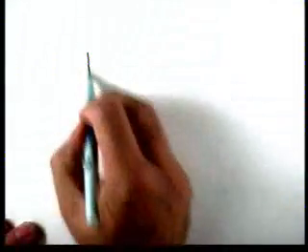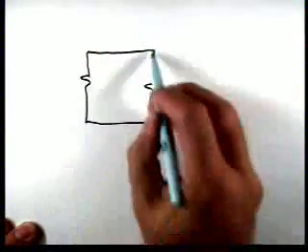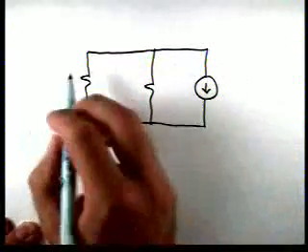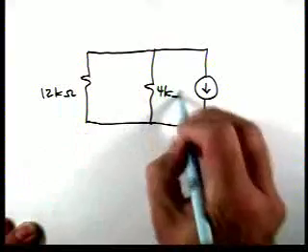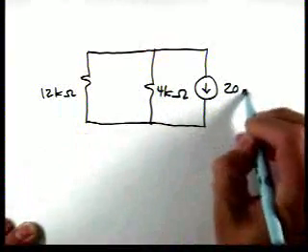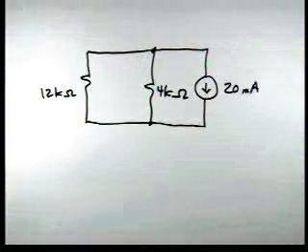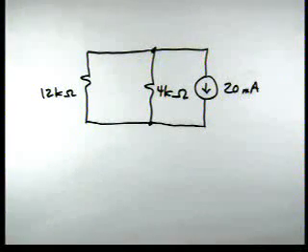And when we do that, our circuit will reduce to the following. We'll have 12 kiloohms, 4 kiloohms, 20 milliamps. Now V1 is gone from this circuit because we combined the 10K and 2K in series.